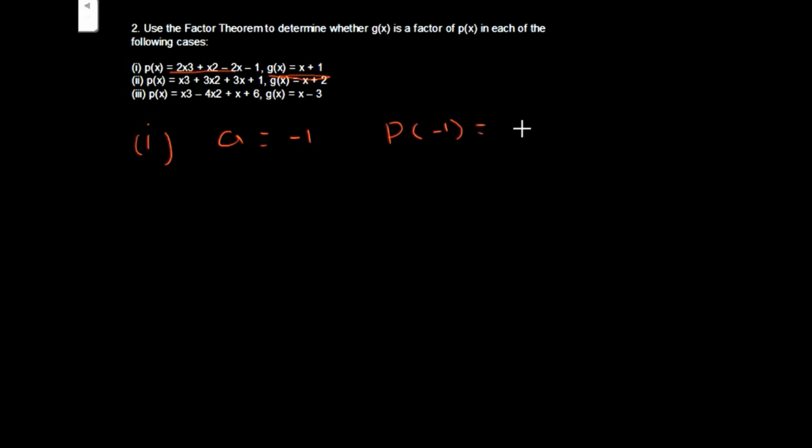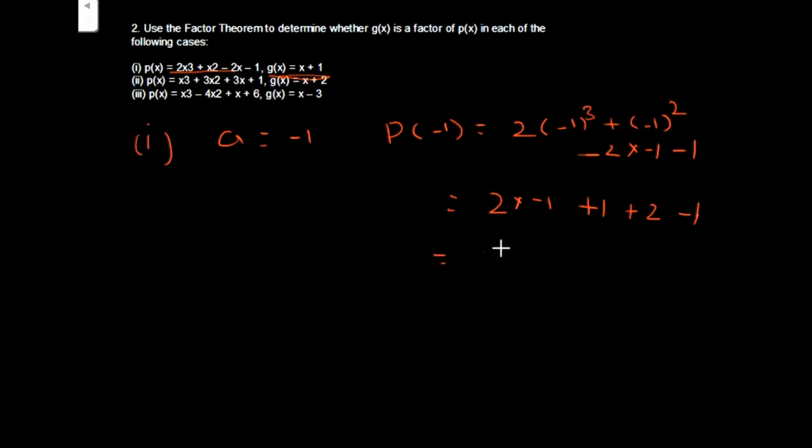So, it is equal to 2 multiplied by (-1) cube plus (-1) square, and then minus 2 multiplied by (-1) and minus 1. So, 2 multiplied by -1, plus 1, and then again plus 2, and then minus 1.